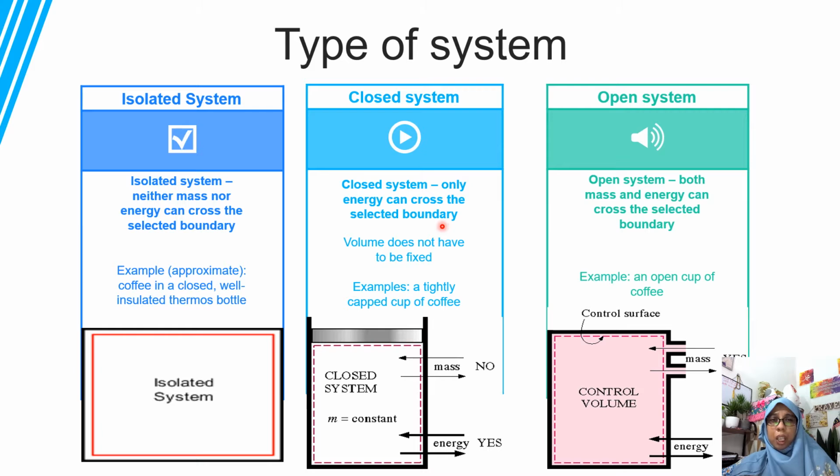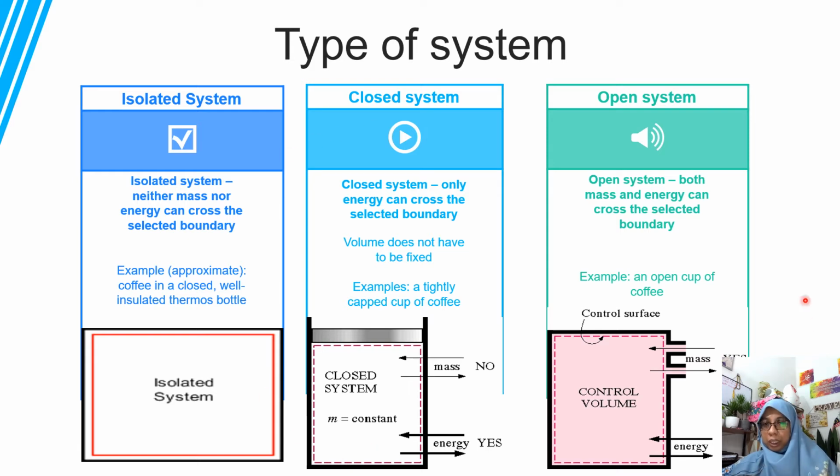For a closed system, only energy can cross the selected boundary, and the volume does not have to be fixed. For example, a tightly kept cup of coffee. So for a closed system, mass cannot be transferred in or out, but energy can. Okay, so the mass is constant because the mass does not change. Sometimes if you hear about a closed system in thermodynamics, confirm the mass is constant.